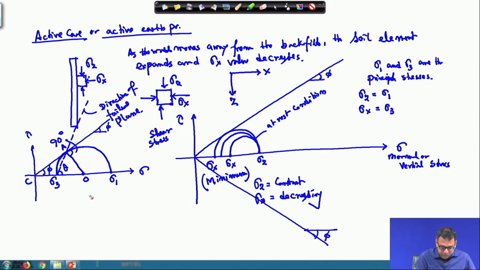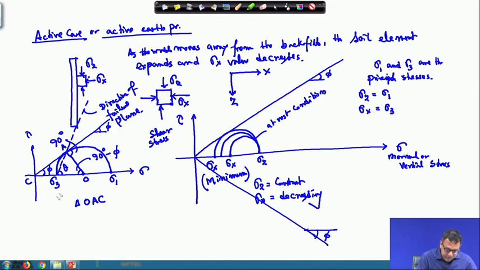Now, from triangle OAC, this is phi and this is 90 degree. So, this angle will be 180 degree minus 90 degree minus phi, which is 90 degree minus phi.